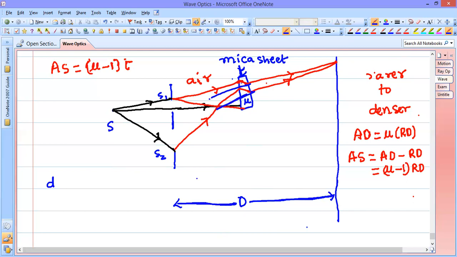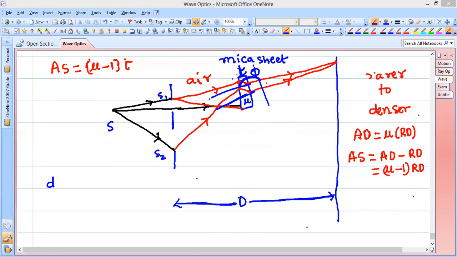The total phase difference between the reflected wave and refracted wave, what will this total phase difference be? Sir, the phase difference is 180. See this total now. So 180 degrees.